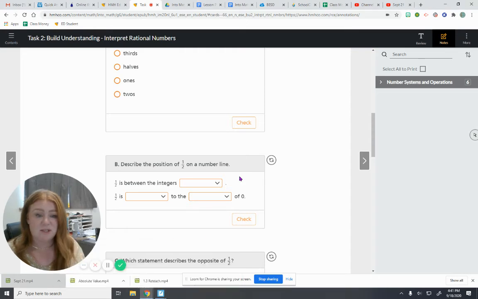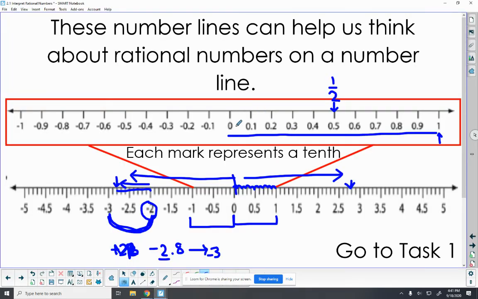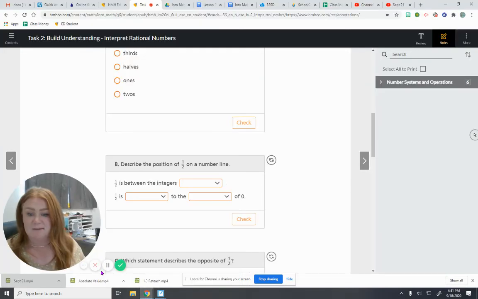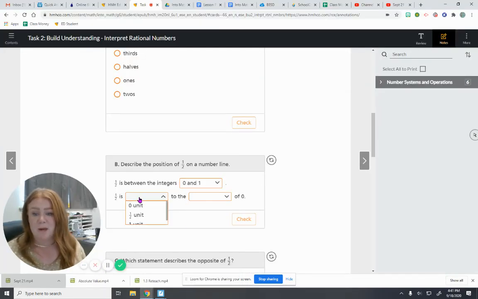Let's look at that first. So I know 1/2 is between 0 and 1. We do not have a whole number, and it's to the positive side.